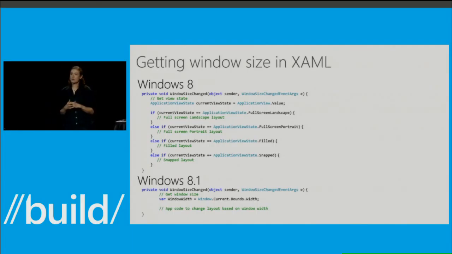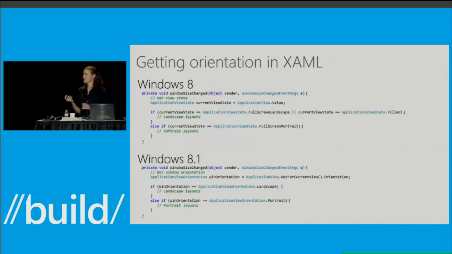You can now query for width directly, just like you do in HTML, and you use window.current.bounds.width. Height is also available. And you would use height to get your orientation, or again, you can use application view.get for current view.orientation.